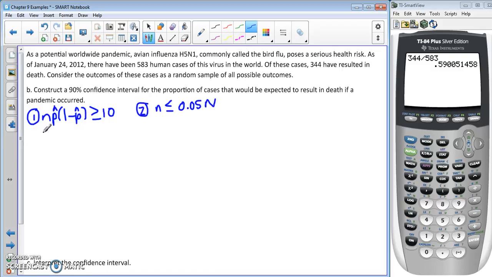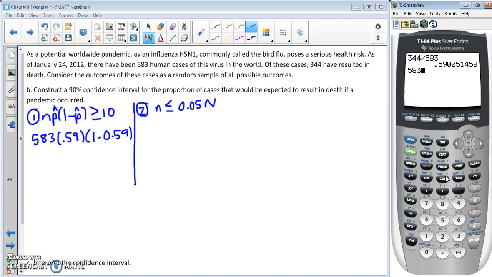So, n is the 583, and p hat is 0.59. So 1 minus 0.59. So let's find that value there. So 583 times 0.59 times 1 minus 0.59.